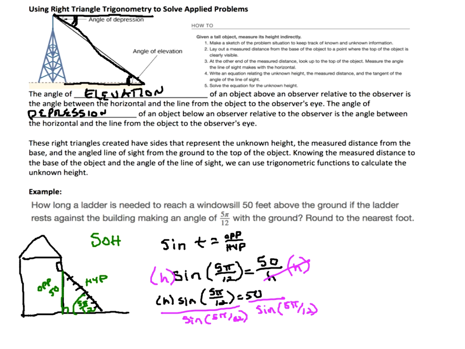So these divide out, and I get h is equal to 50 divided by the sine of 5 pi over 12.